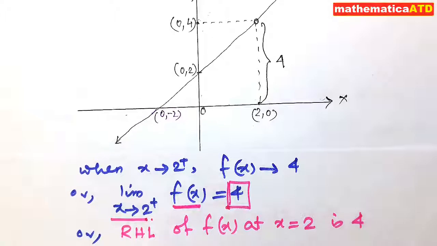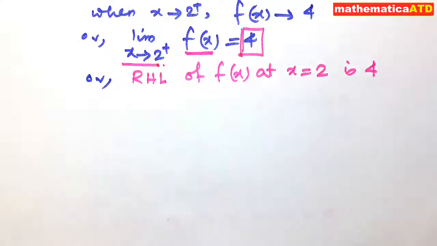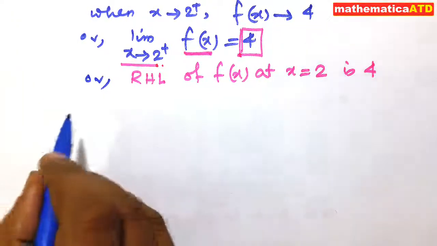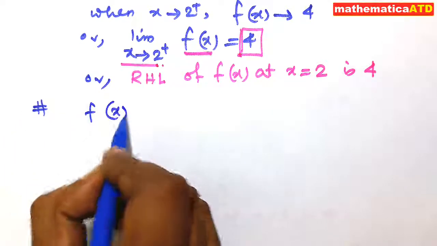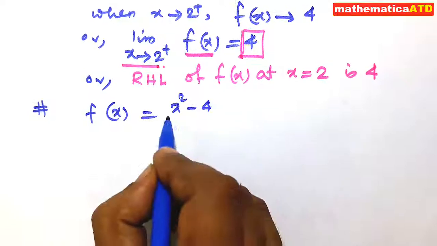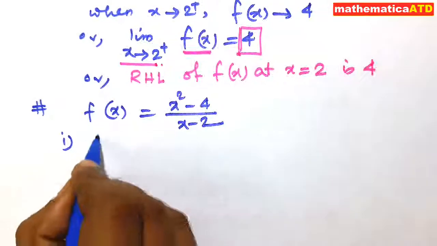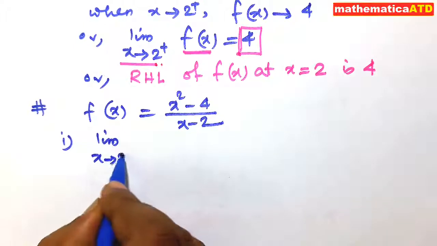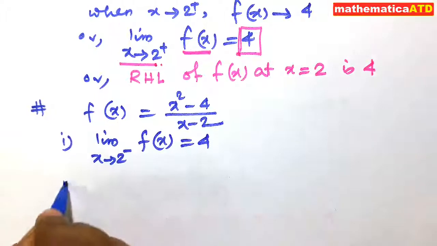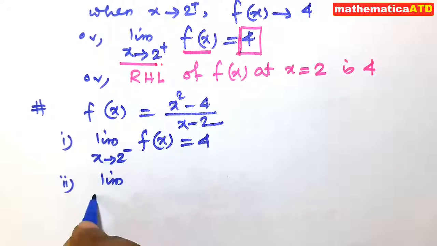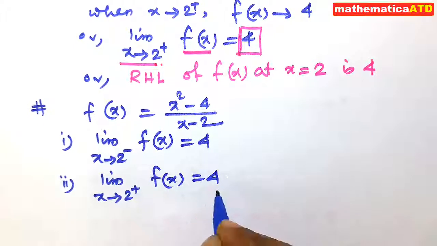So from this concept, what can we conclude? See, friends, what we considered at the beginning, that f(x) is equal to x square minus 4 divided by x minus 2. First conclusion is that limit x tends to 2 minus of f(x) is equal to 4. Number 2, limit x tends to 2 plus of f(x) is equal to 4.